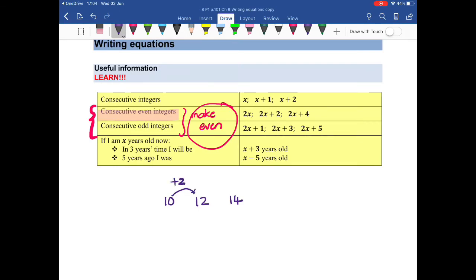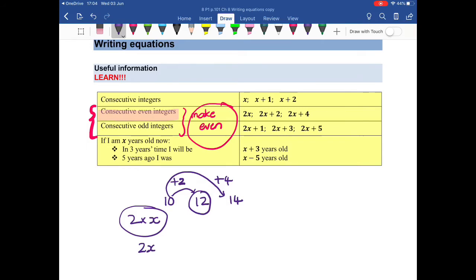So I added 2. What did I do to 10 to get 14? I added 4. So it could be any 3 consecutive even numbers. So what I'm going to do here, I don't know what my numbers are going to be. So I'm going to say, if my number is X, I'm going to multiply that by 2. So my first even number is 2x.